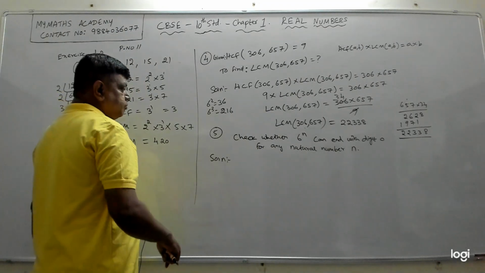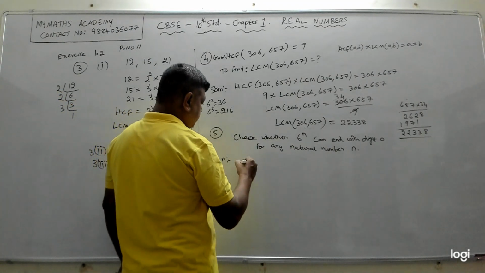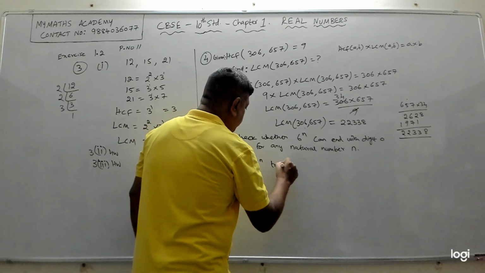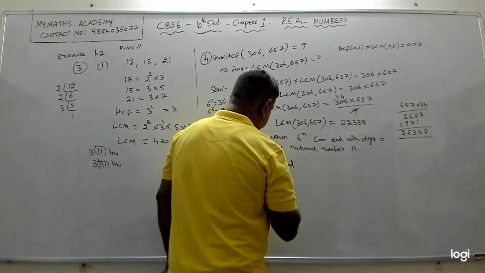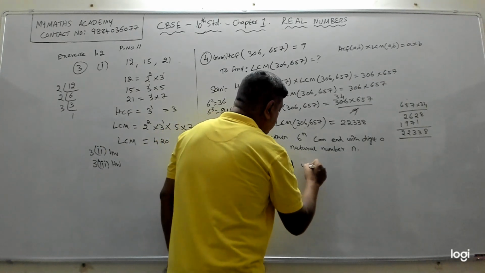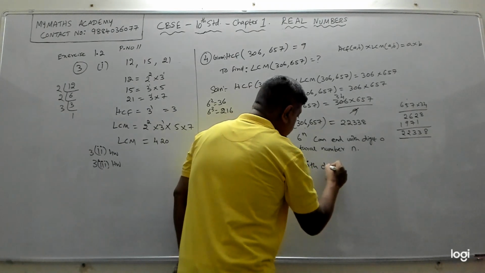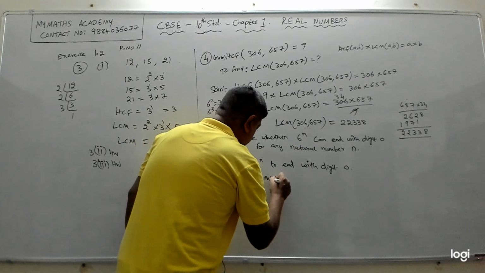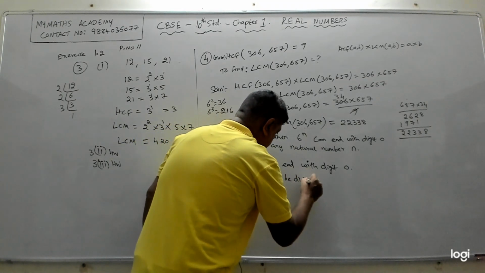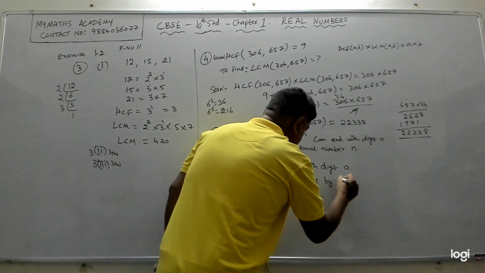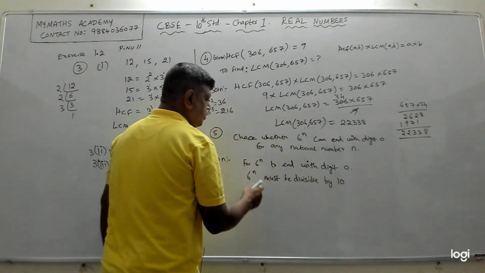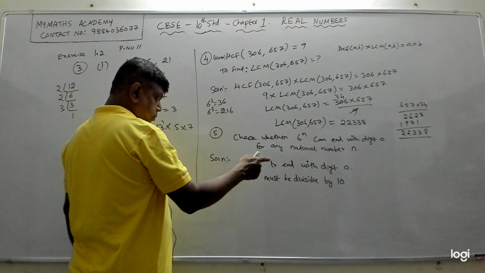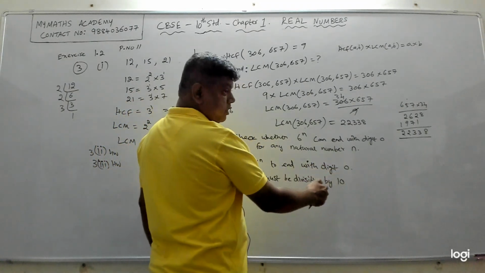Now, how do we prove this? For 6 power n to end with digit 0, 6 power n must be divisible by 10, because any number that ends with 0 is divisible by 10.